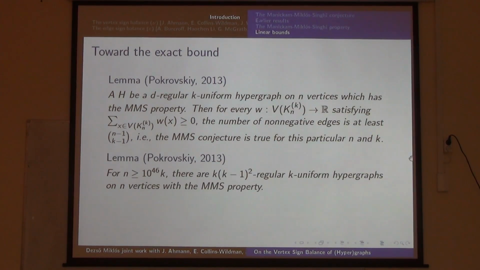And he gave a construction of a hypergraph which he needed for the proof, and that worked for a quite big but linear bound. So this was the first linear bound for the validity of the Manickam-Miklós-Singhi property.